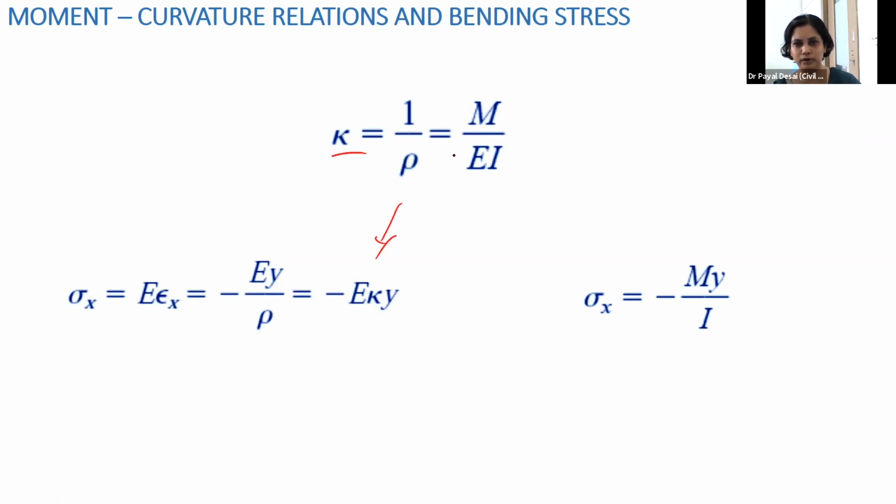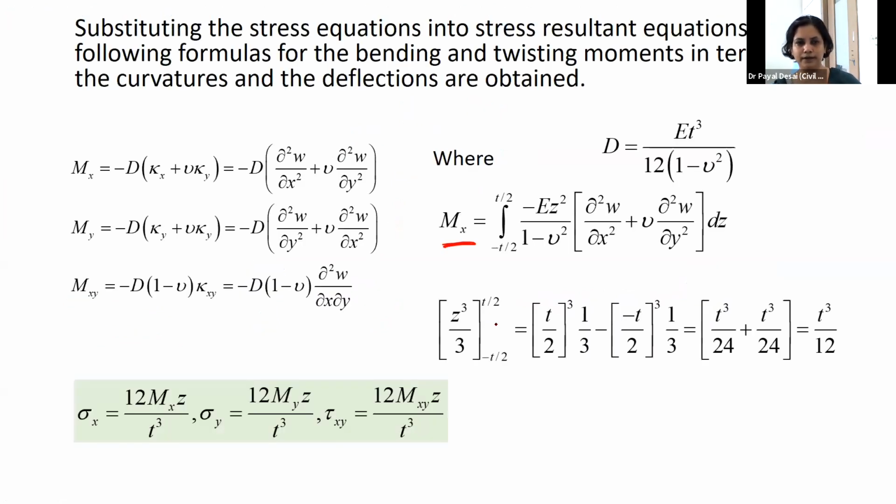First I should know the curvature and moment relation, then I use Hooke's law, I replace the curvature, and then I get sigma x. And similarly here also, if I use Hooke's law for sigma x and replace the moment curvature relation, these three equations, you actually get integration. I mean, there is integration involved here.